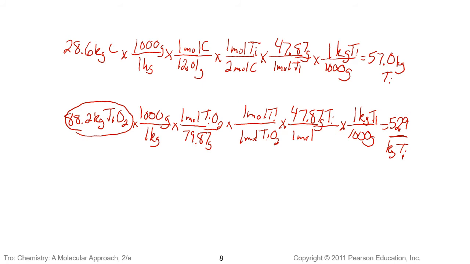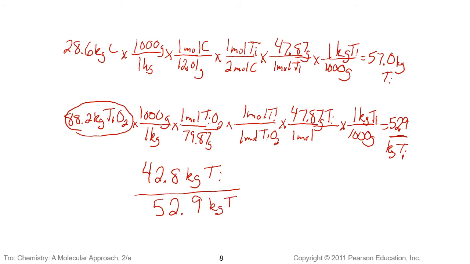So now if we compare this to our actual yield, which was given in the problem, it said we could obtain 42.8 kilograms of titanium. And we know the maximum that we could make is 52.9 kilograms of titanium.